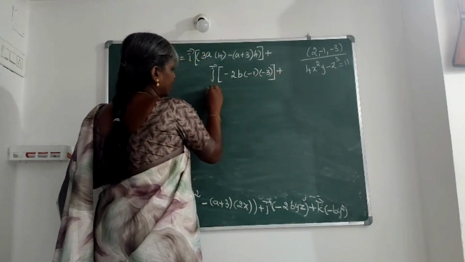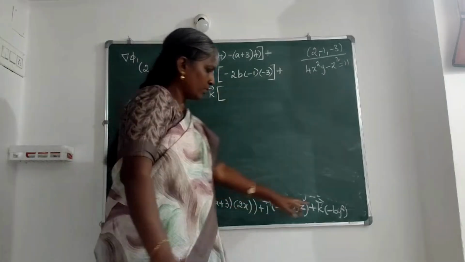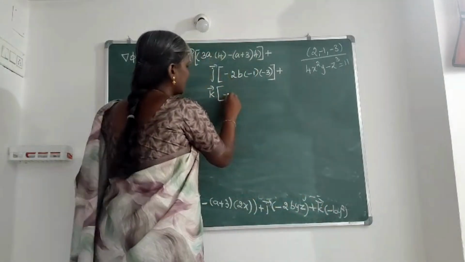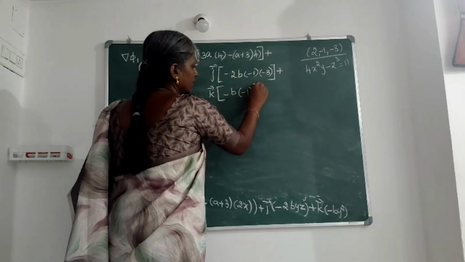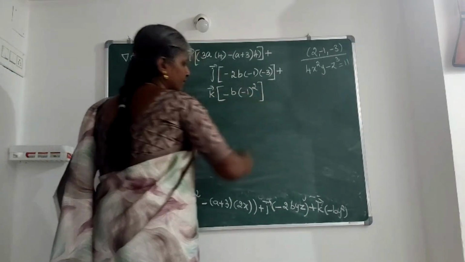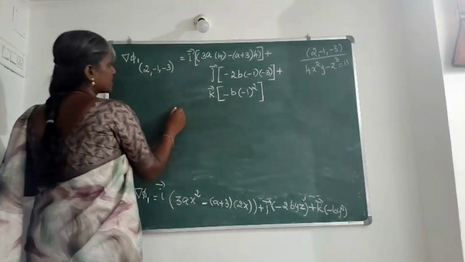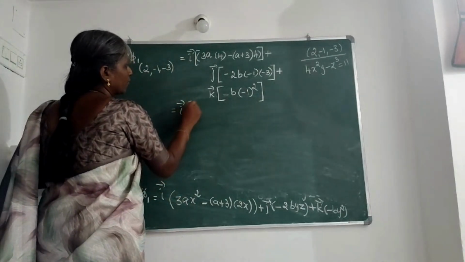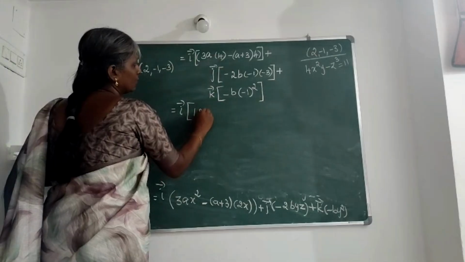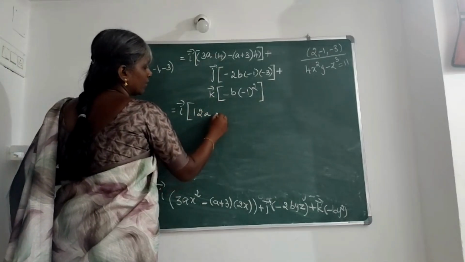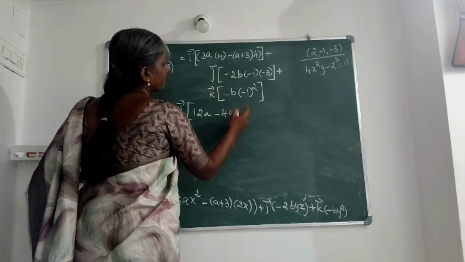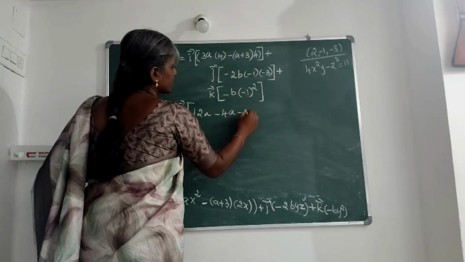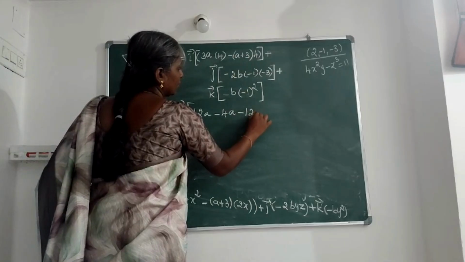Plus k vector of −by², so −1 the whole squared. So what comes? i vector of 12a minus 4a minus 12.